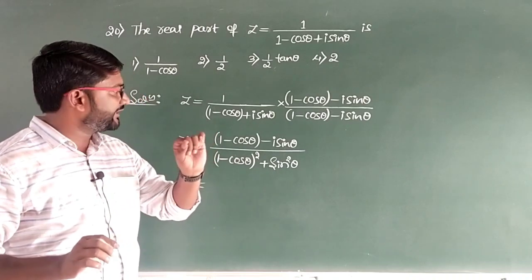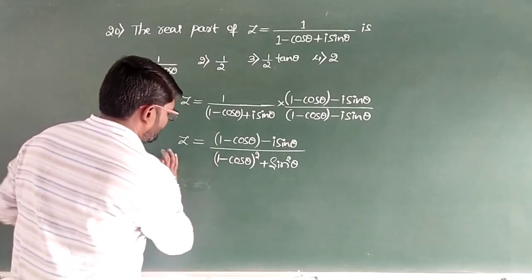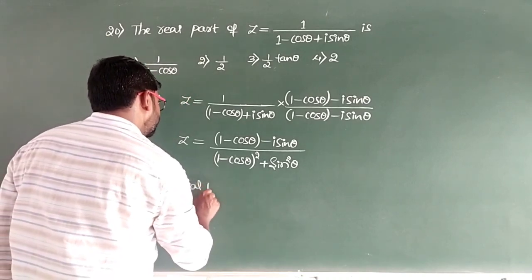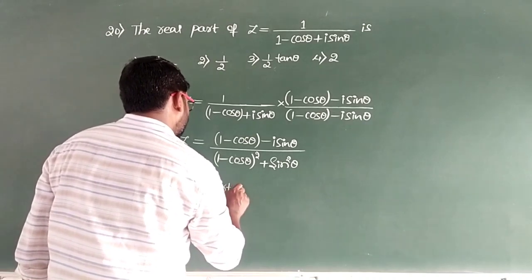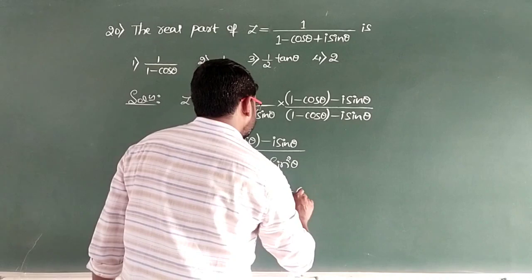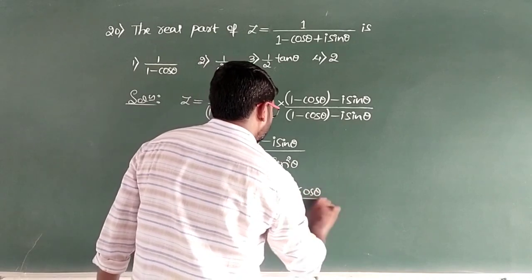Now we will have to find only the real part. So real part of z is equal to (1 − cos theta) divided by the denominator.